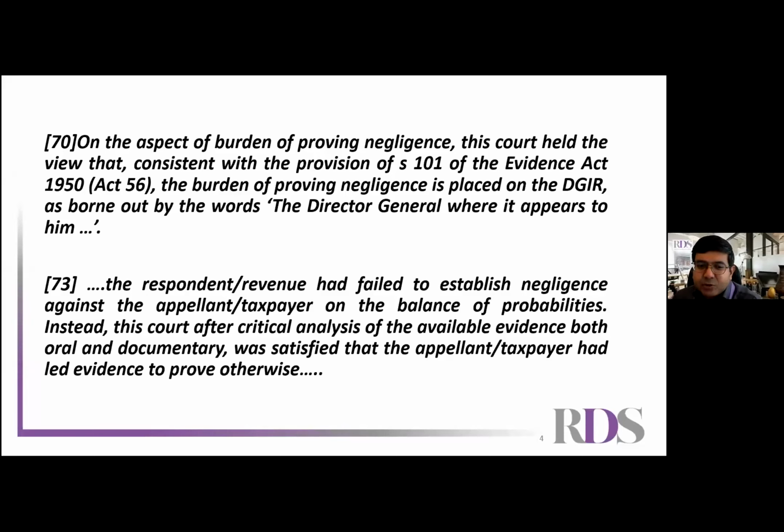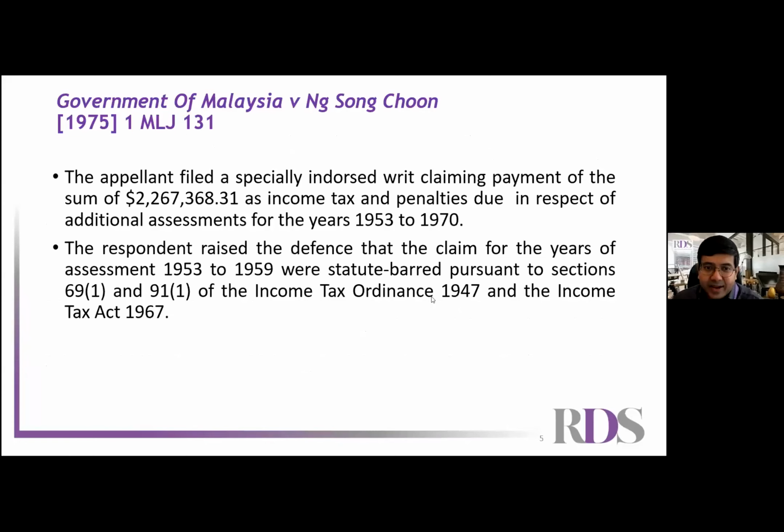Yeah. So we then said in this case, upon establishing all our evidence, the court said that the revenue failed to establish negligence. So the court said, upon critical analysis of the evidence available, both oral and documentary, the court was satisfied that the taxpayer had led evidence to prove otherwise, right?